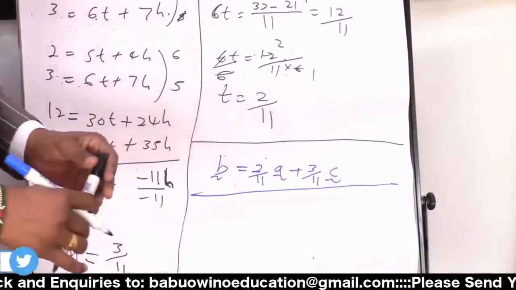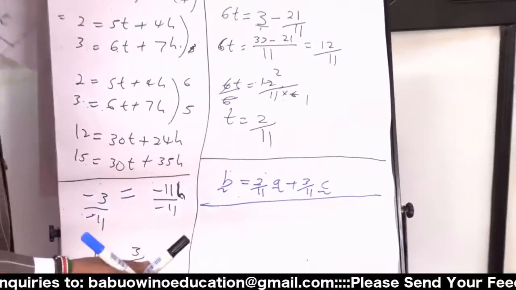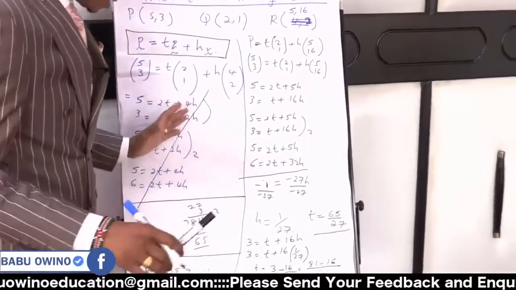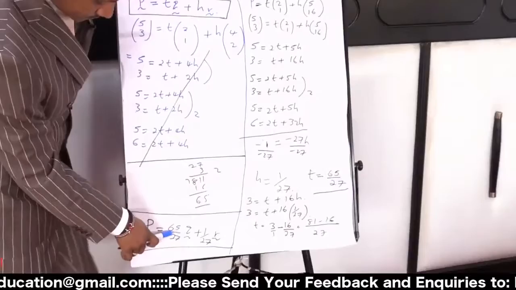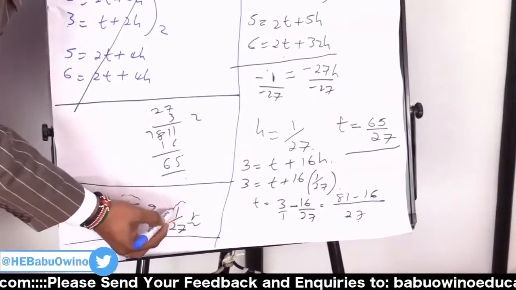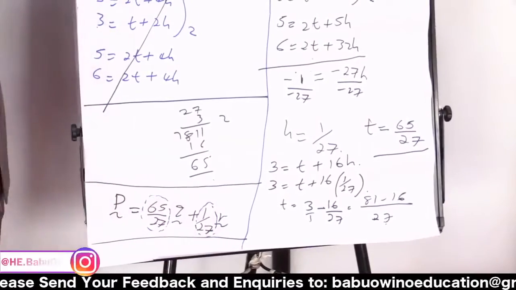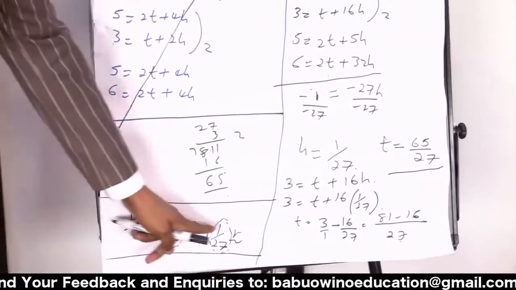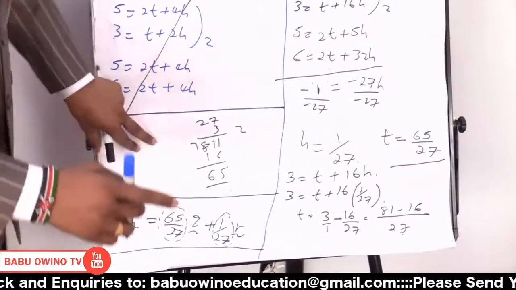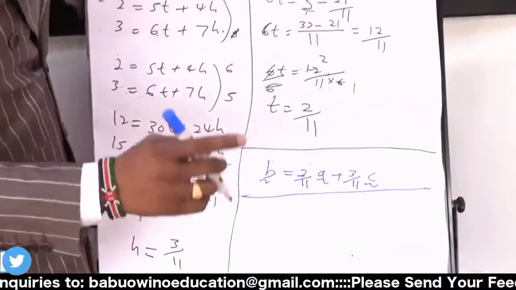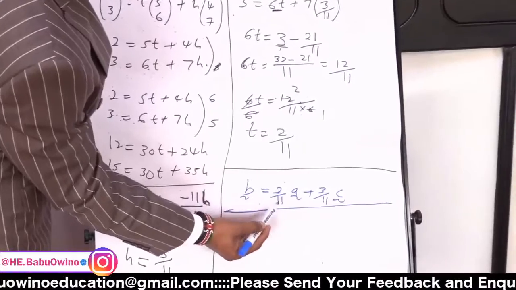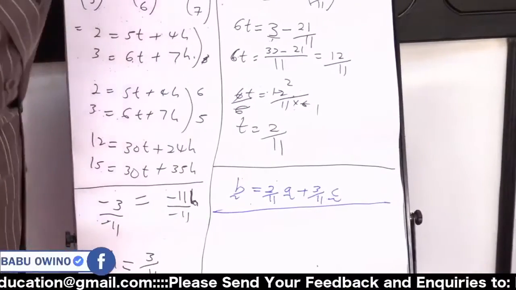Then I want you to note something from the previous example and this example. The conclusion that I want to make here is very simple. When you take this fraction and you add to this fraction, if it gives you 1, then this is the conclusion that you'll make. In our first case, this is 66 over 27, it does not give us 1. The second one also, 2 over 11 plus 3 over 11 is 5 over 11.